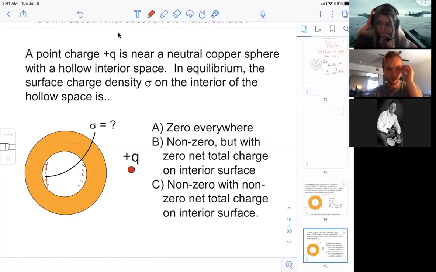Not a gradient where most of the positives are on the right and a little bit on the left. Like on the pre-flight question, I had more positive charges on the right side, and then it would taper off to the left, less charges on the left. Oh, okay, like that. Something like this. Yes.